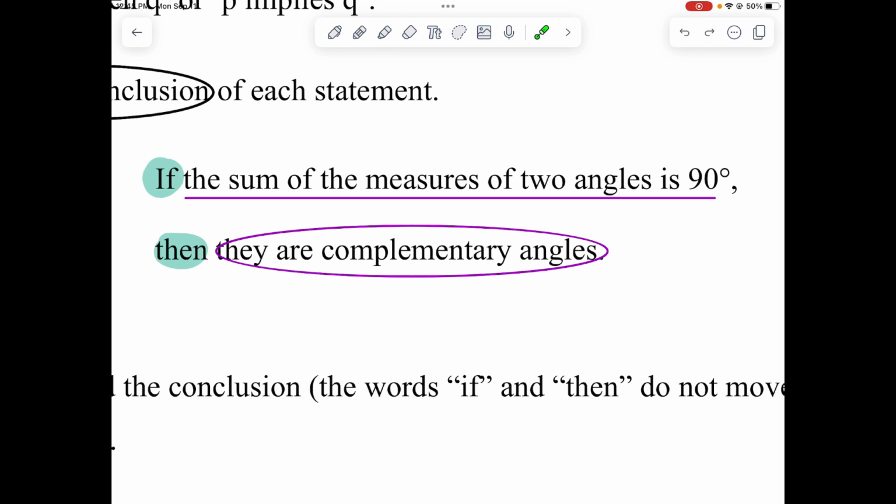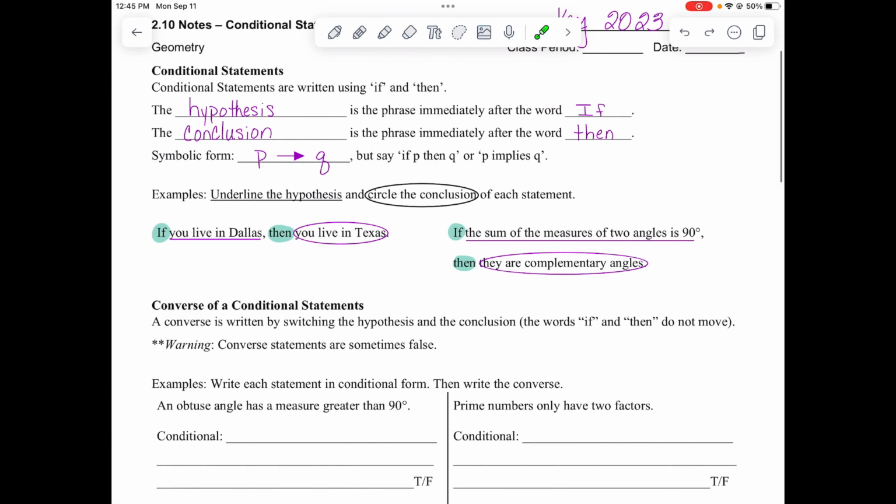They are not part of the hypothesis or the conclusion. They're just the anchor points to tell you where the hypothesis and the conclusion are. And again, you could check the truth value. If we add two angles together, because sum means add, and they add up to 90 degrees, then yes, they would be complementary angles.